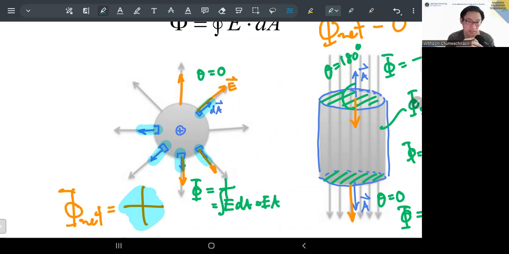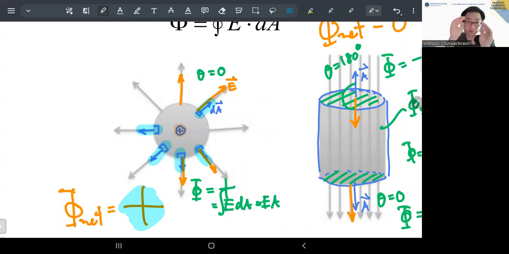Well, it must come from a charge, because charge generates field. Having the information that the net flux is positive is a clue that leads to the conclusion that inside this sphere there must be a net positive charge, because positive charge generates the field outward.